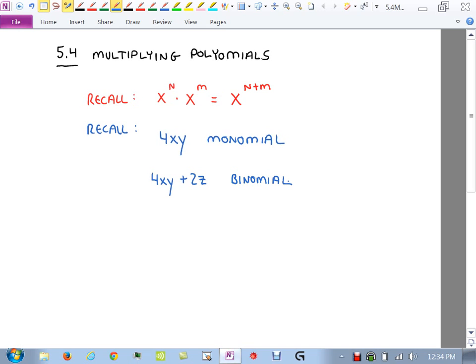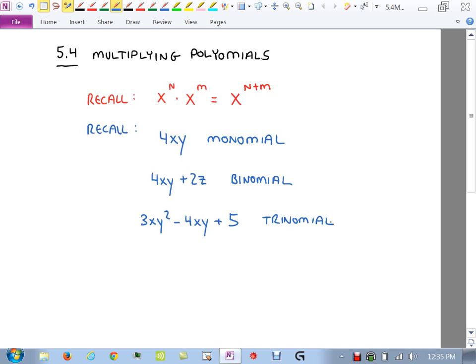The last type we're going to look at today is three terms together, a trinomial. We have three terms here, 1, 2, 3, separated by first subtraction, then addition. Anytime we have something with three terms, it's called a trinomial.